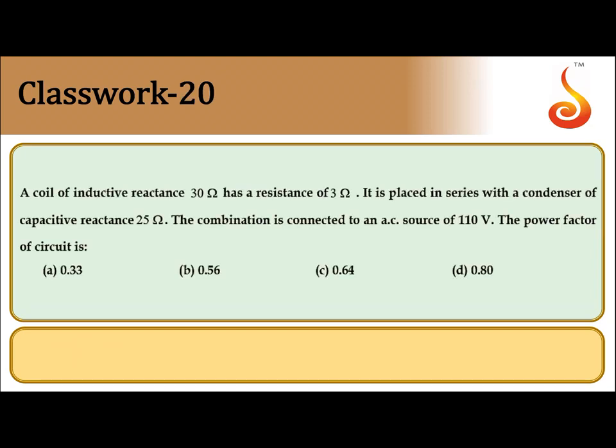A coil of inductive reactance 30 ohm has a resistance of 3 ohm. It is placed in series with a condenser of capacitive reactance 25 ohm. The combination is connected to an AC source of 110 volt. The power factor of the circuit is. Power factor is nothing but cos phi.